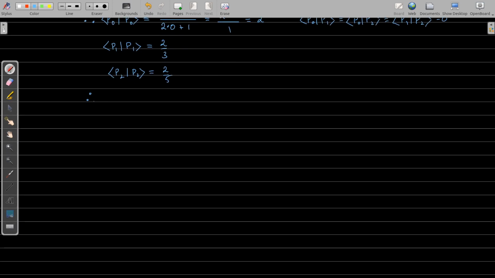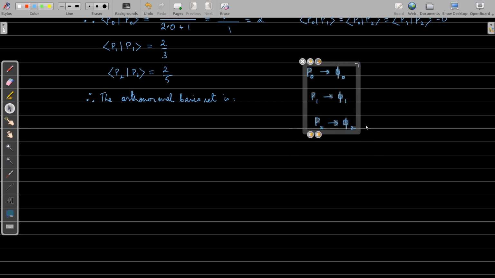So the orthonormal basis set is constructed like this: from P0 we will construct phi 0, from P1 we will construct phi 1, and from P2 we will construct phi 2.